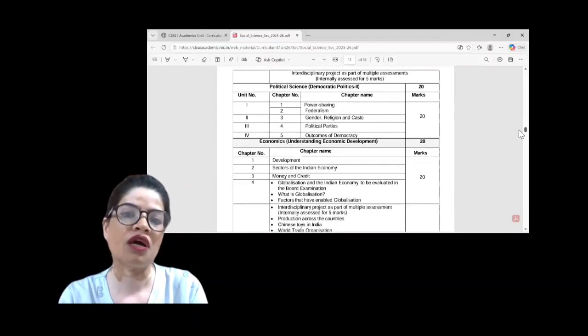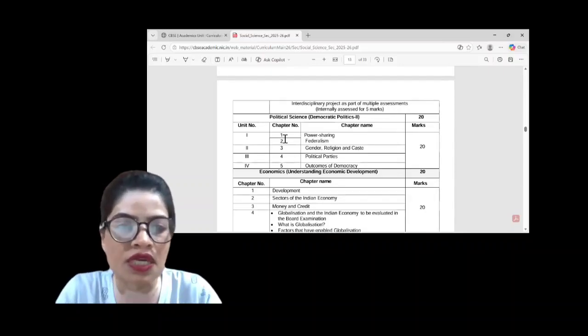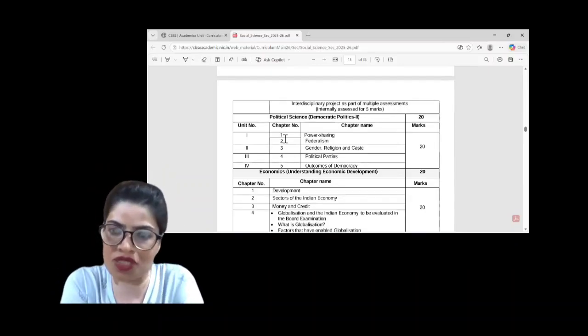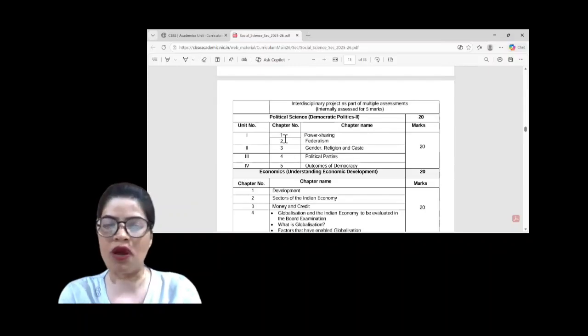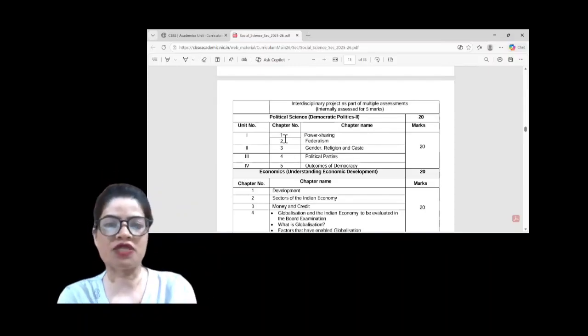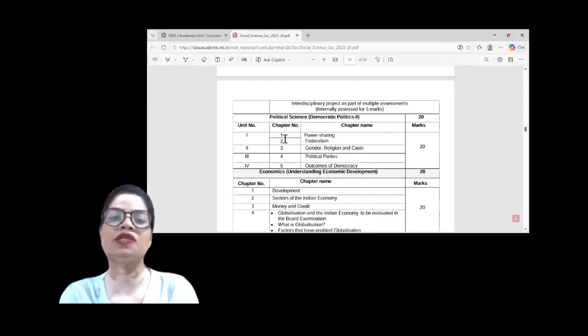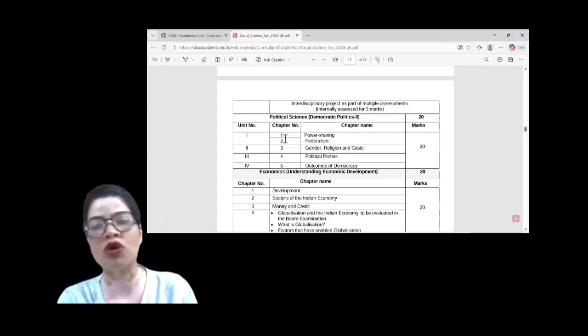Okay, now next is your Pol Science. In Pol Science, you can see that there are 5 chapters, and all 5 will be the part of your written assessment, in which there is first chapter power sharing, second is federalism, then comes your gender, religion, caste, and then political parties, and then outcomes of democracy.